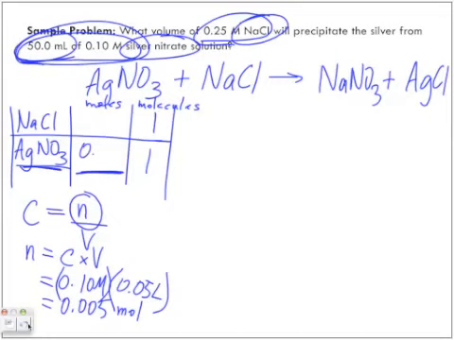So we have 0.005 moles. We want to find out the number of moles that it will react with, right? How much silver nitrate is going to react with the sodium chloride based on what we have. This is what we have. We're going to be mixing it with this amount.